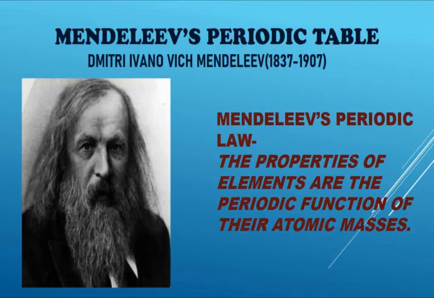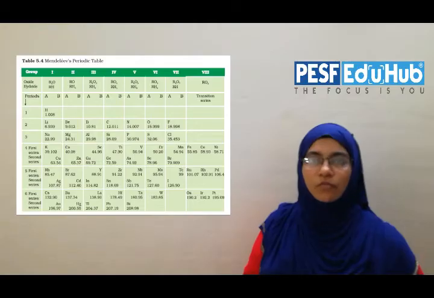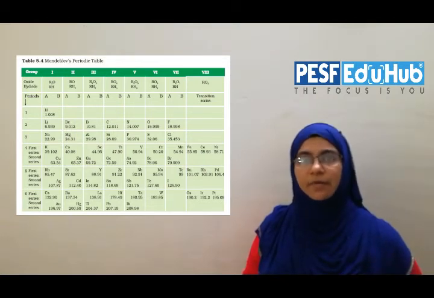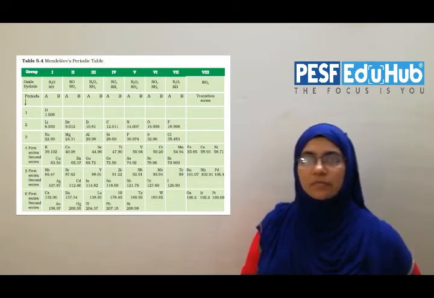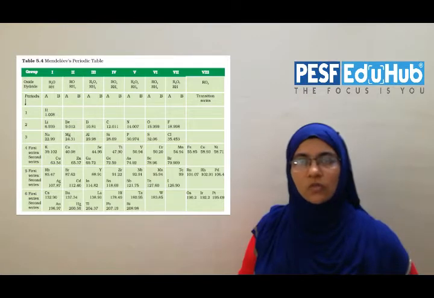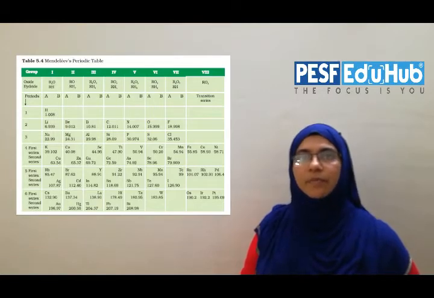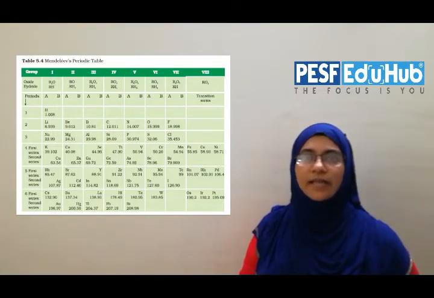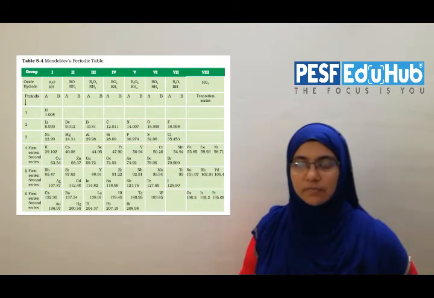So this is an important law based on which Mendeleev had put forward his periodic table. The law states that the chemical properties of elements were periodic function of their atomic masses.